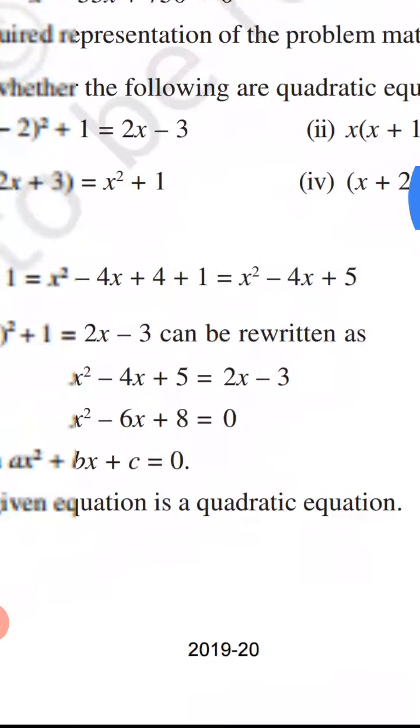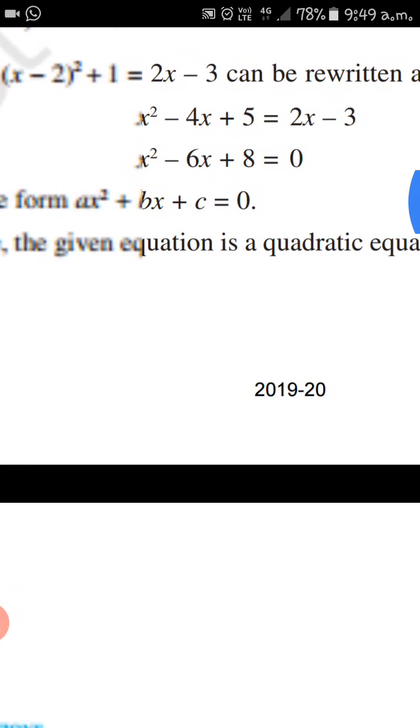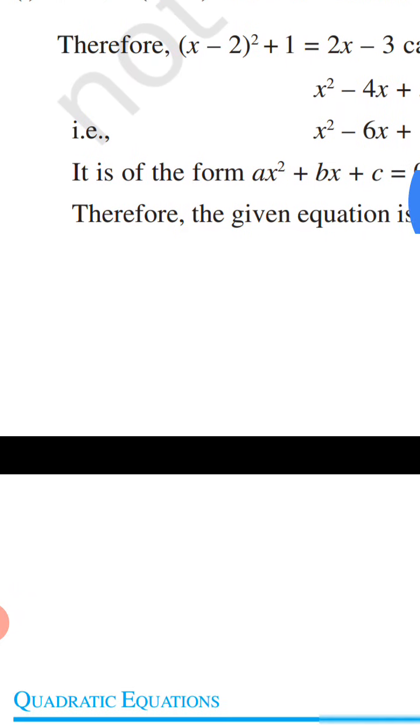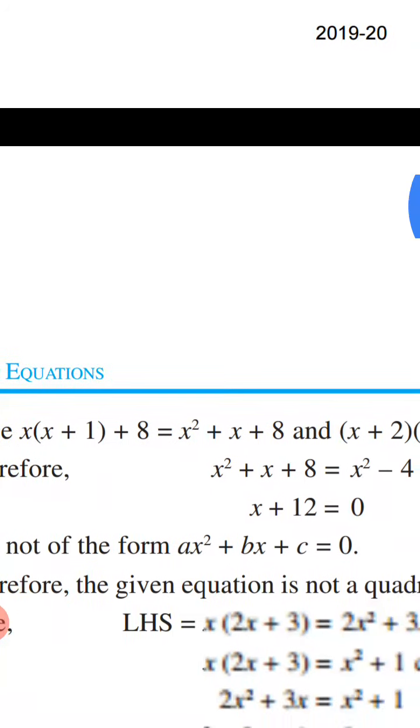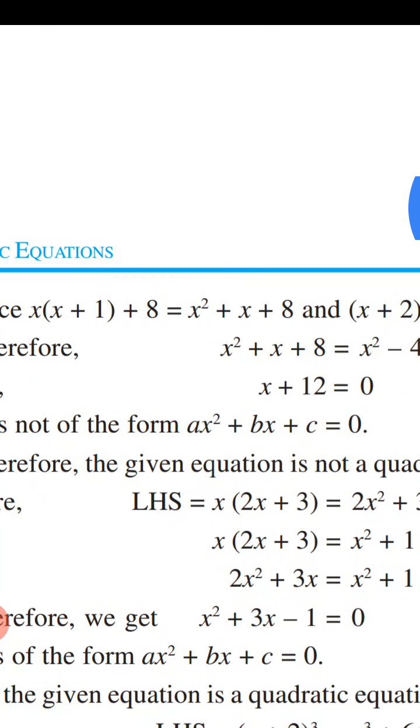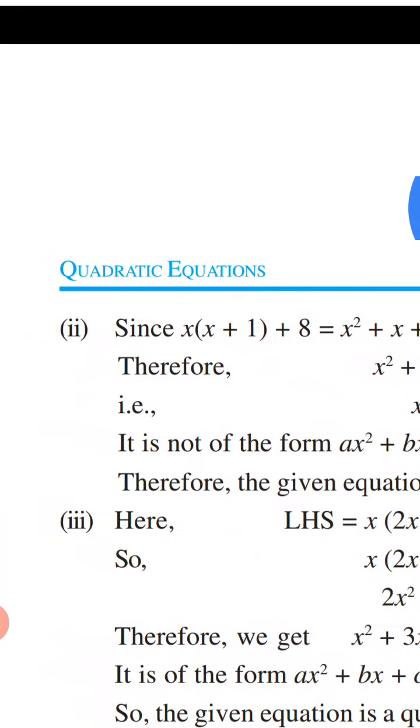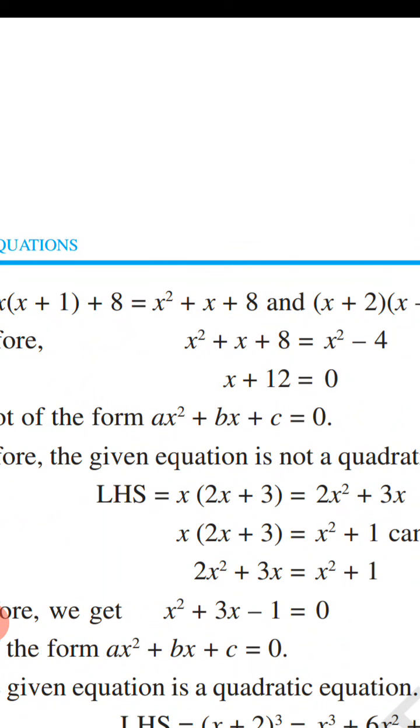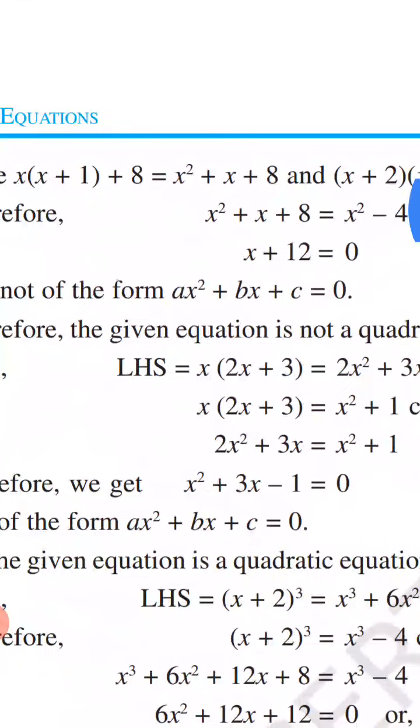Whether it is a quadratic equation or not, we can see that by simplifying you are getting x plus 2 is equal to 12. It is not in the form of ax square plus bx plus c is equal to 0, so it is not a quadratic equation.